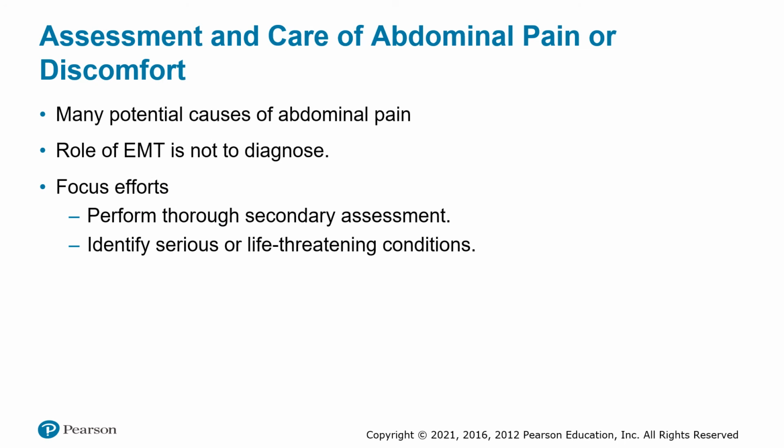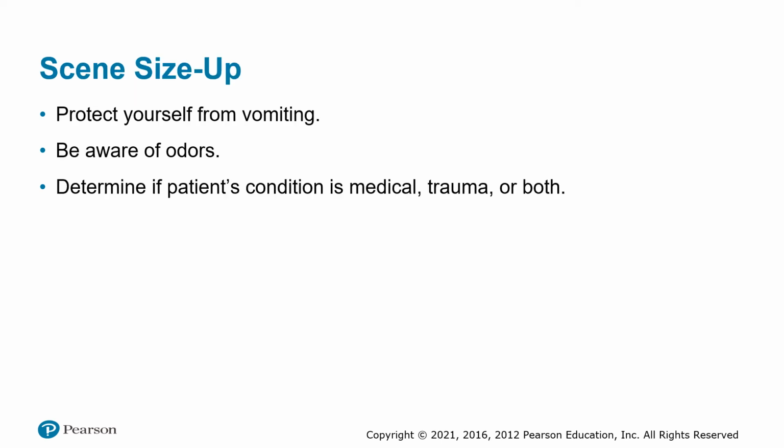So assessment and care. There are many potential causes of abdominal pain. Our role in these cases is not necessarily to try and figure out what the problem is. We are more focused on life threats and supportive care. Protect yourself from vomiting and odors. Odors are the big one with abdominal GI system problems.